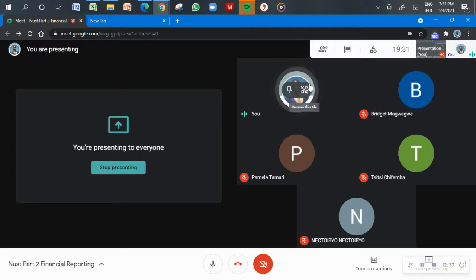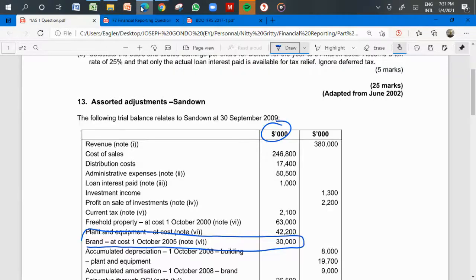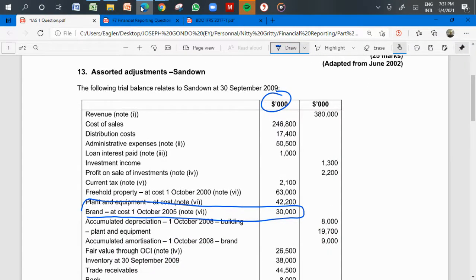Okay, so the brand was acquired 1 October. So we have 2005, 2006 is 1 year, 2006, 2007, another year, 2007, 2008, another year, 2008, 2009.